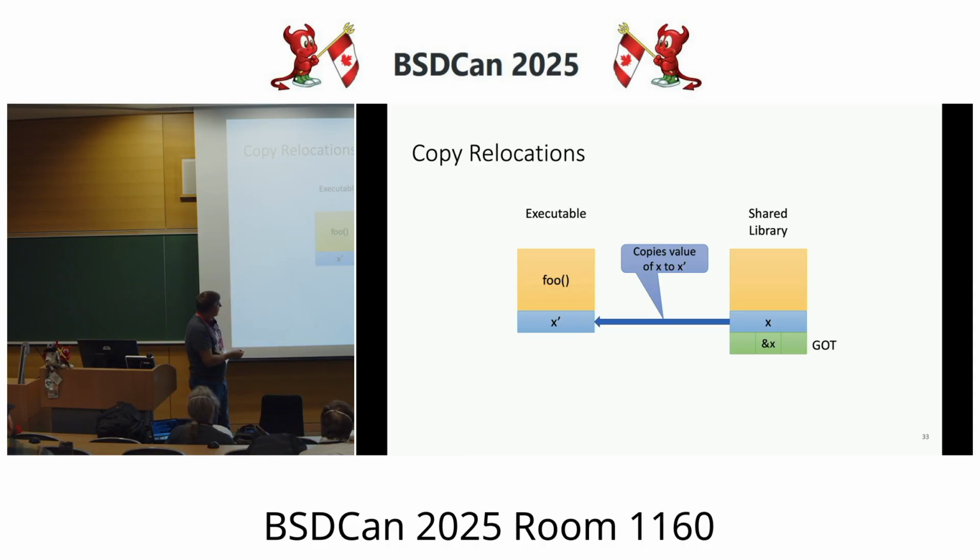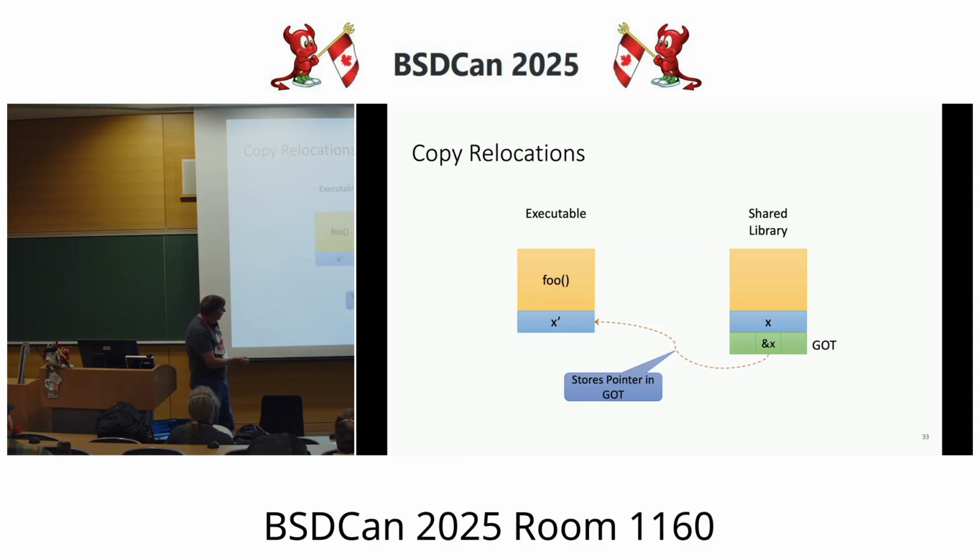As the runtime loader starts up, it's going to copy the value of x, when it does a symbol resolution and finds it lives in the shared library, over into x prime. Then it's going to store a pointer over in the GOT entry for the shared library, not to point to the shared library where it really lives, but now to this alternate copy in the executable called x prime.